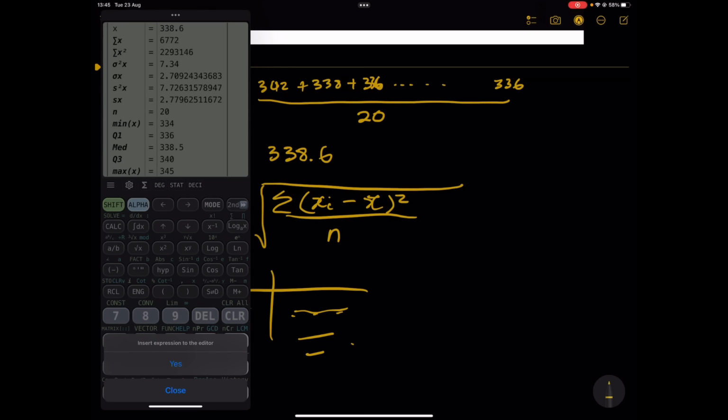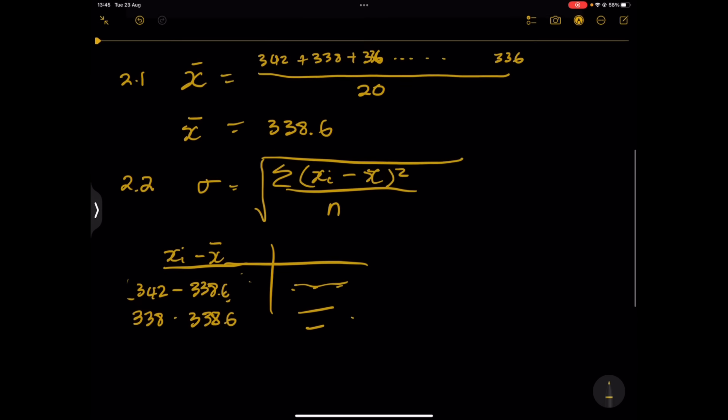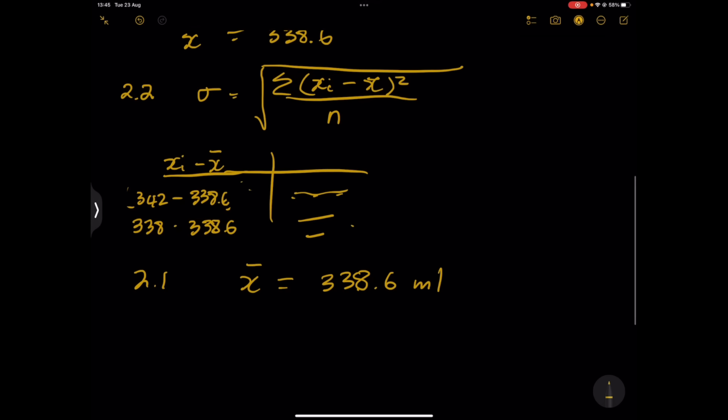So in this case, let's close that there. I found my mean, x bar, which is going to be 338.6 milliliters, and I found my standard deviation in this case to be 2.71 milliliters.